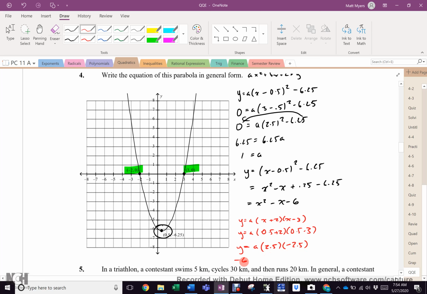So y, negative 6.25, equals a times negative 6.25. So a will equal 1. And then you just put that in there, and you're going to get this anyway.